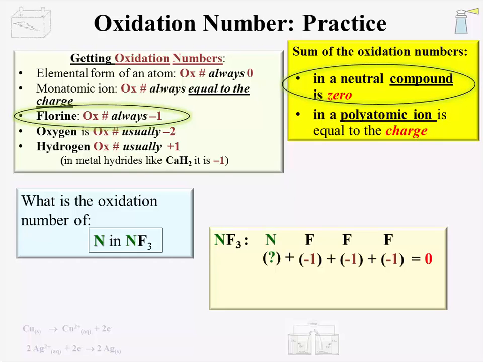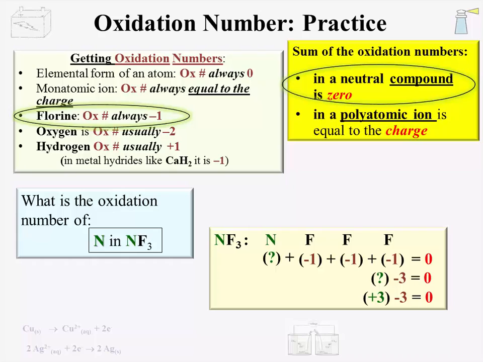What is left is arithmetic. Combine the 3 -1 values together for a -3 and ask, what value -3 is equal to 0? The equation, of course, solves to +3. The oxidation number of nitrogen in NF3 is +3.